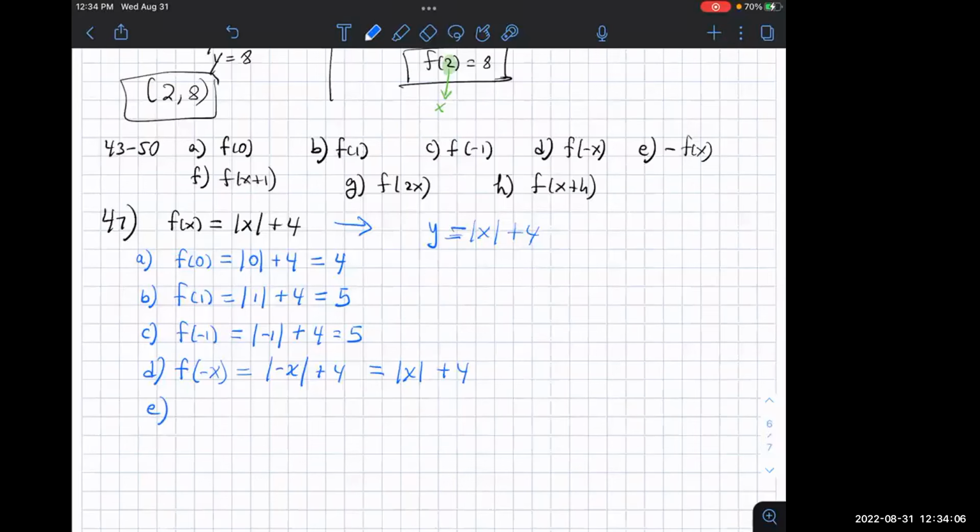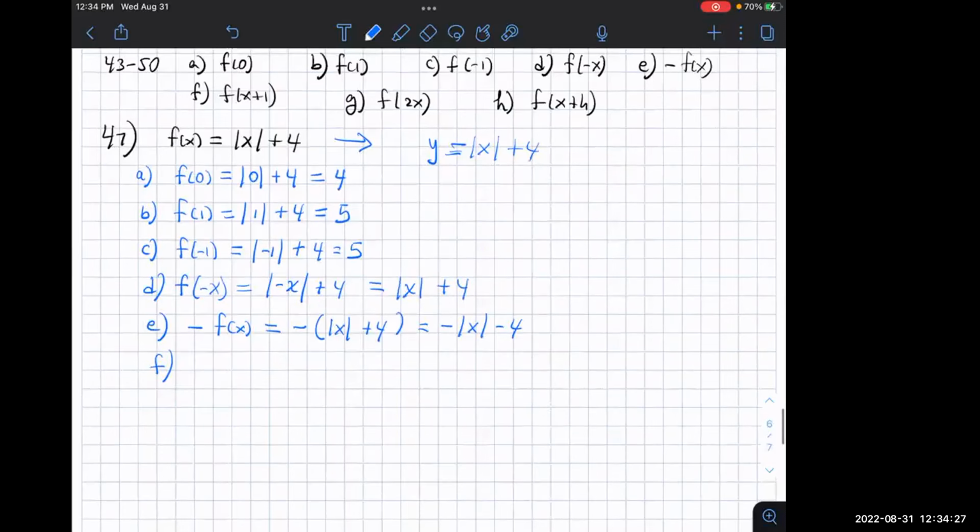Okay, E, the opposite of f of x. So here we just put the opposite and plug in f of x, absolute value of x plus 4. And I guess we could distribute the negative, so negative absolute value of x minus 4. F, f of x plus 1. What is f of x plus 1?